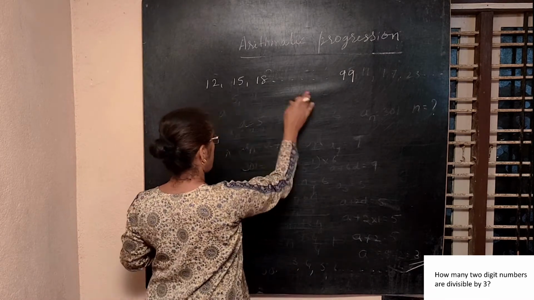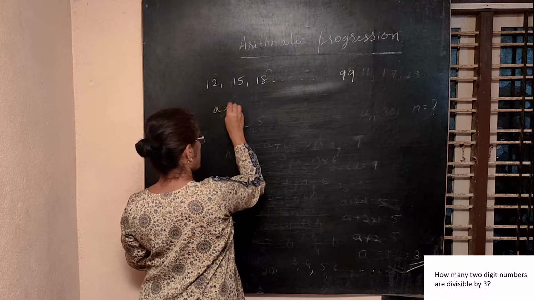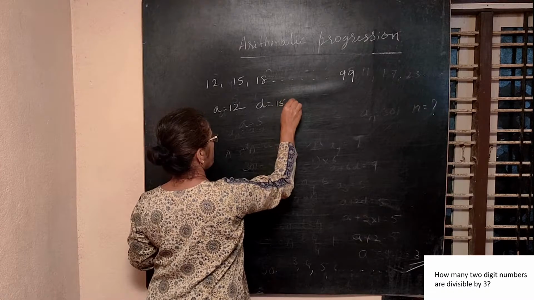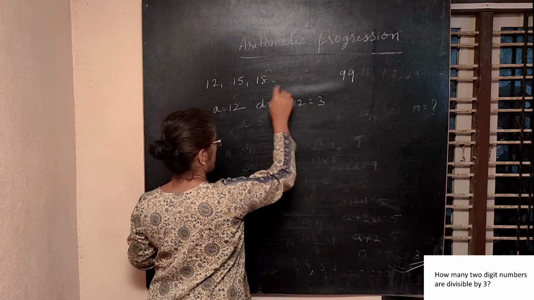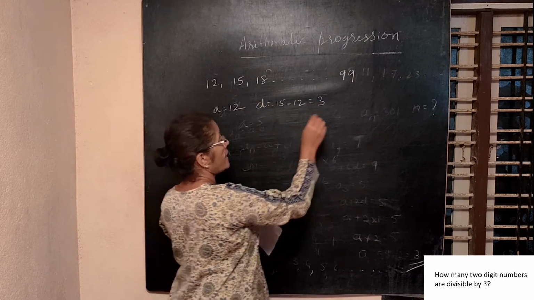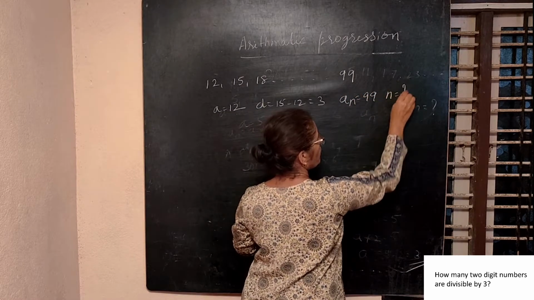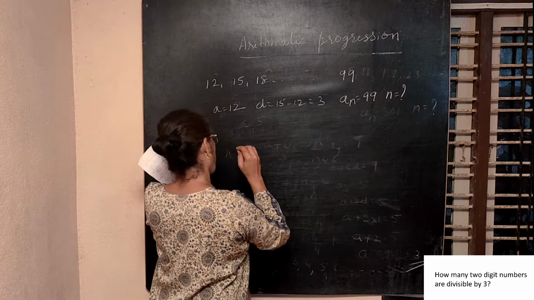From this data I can find out A is equal to 12, D is equal to 15 minus 12, which is 3; 18 minus 15 is also 3. An is equal to 99, n is equal to what? So, what is your formula?